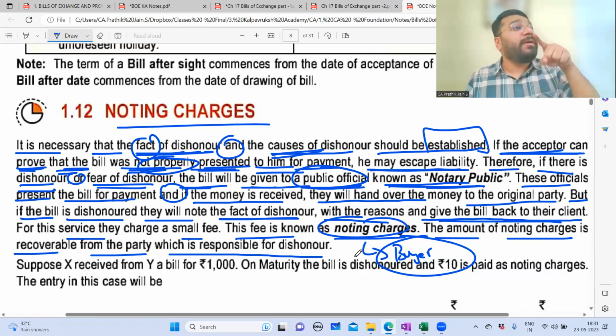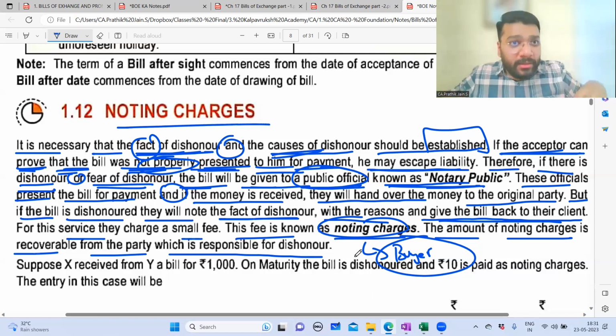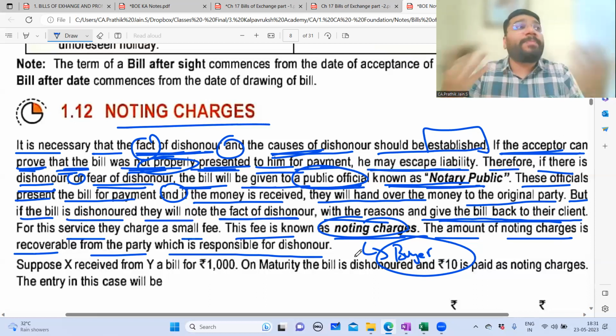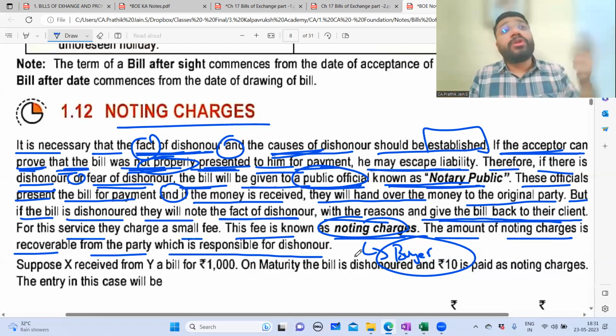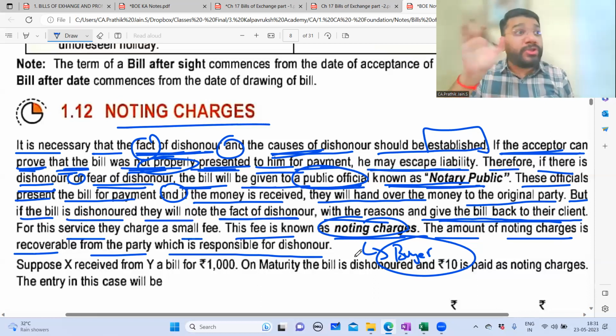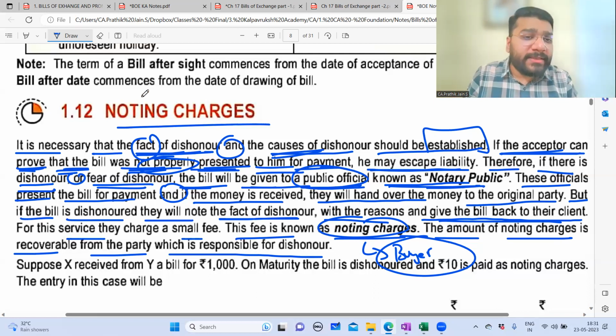Since the buyer did not make the bill payment, the notary public was involved and unnecessary expenditure was done. So initially, the holder of the bill has to pay the money, because the notary public will not wait to collect the money from the buyer. Initially, the notary public will collect the money from the holder of the bill and go off. The holder of the bill will slowly recover from whom? Buyer. Now, this is the concept of noting charges and notary public.